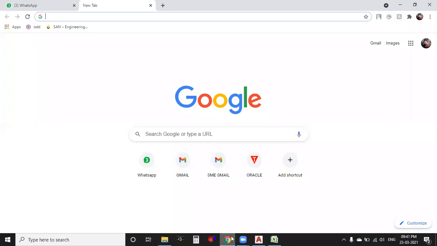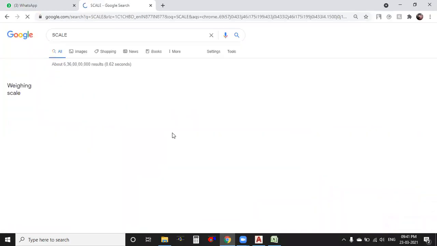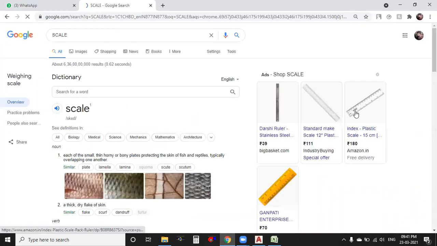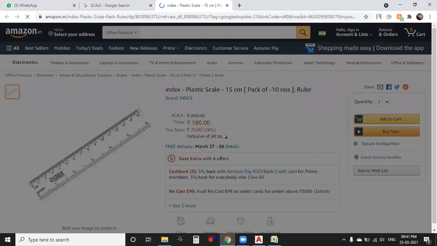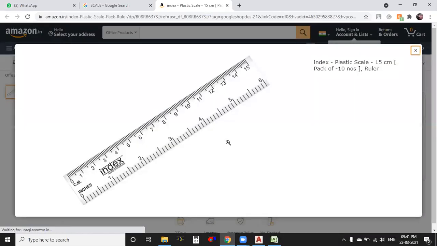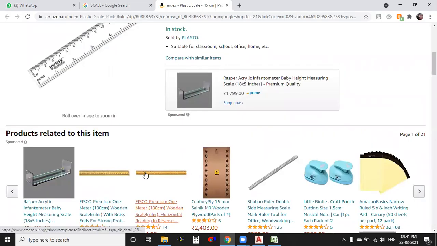Okay, I'll show you. I know you know a scale, right? Here you can see centimeters. This is a small scale. I'll show you a big scale, then you'll get a good idea.